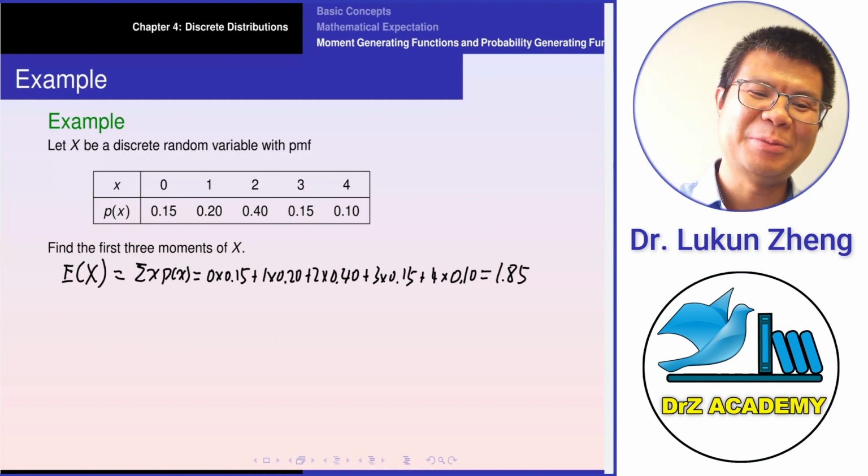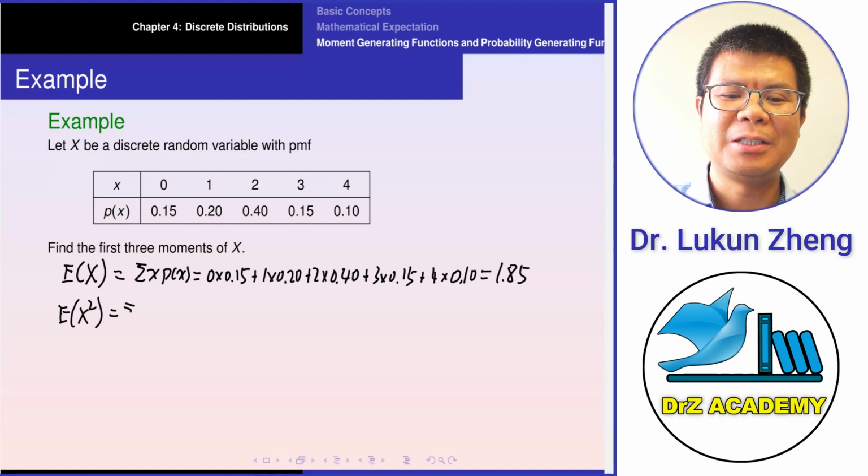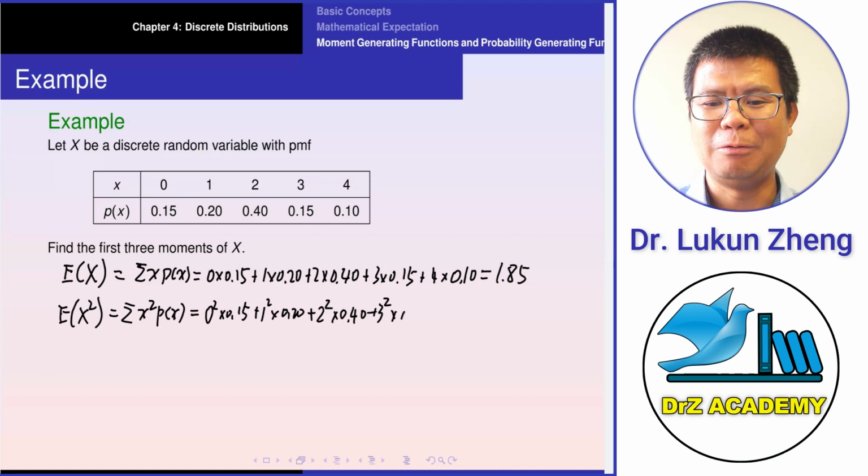All right, so the second moment, the expectation of X squared, equals the summation of x squared times p of x. So it equals 0 squared times 0.15 plus 1 squared times 0.20, 2 squared times 0.40 plus 3 squared times 0.15 plus 4 squared times 0.10.